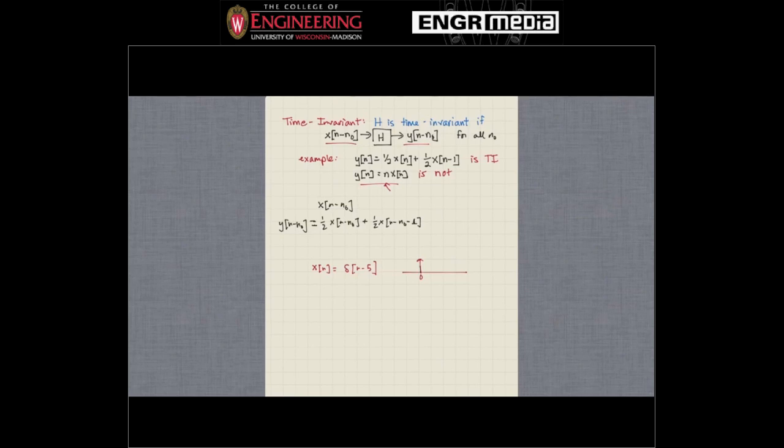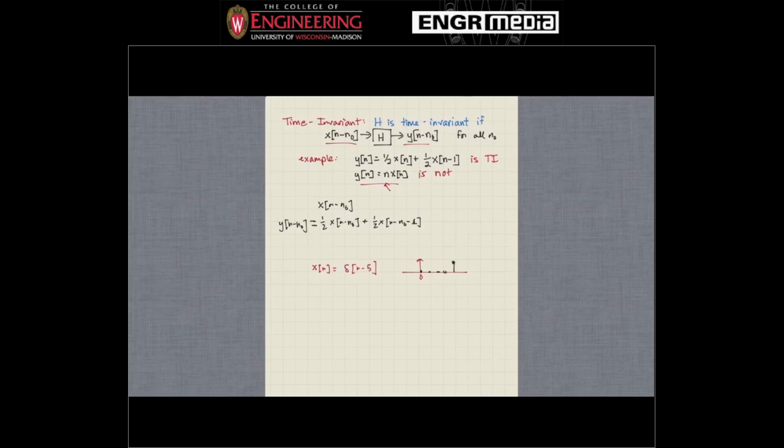It's going to take on the value 0 here, 2, 3, 4, and at 5 it's going to take on the value 1. Okay, so if we input that signal into this filter y of n equals n times x of n, the output that we get should again always be 0, except at time n equals 5.